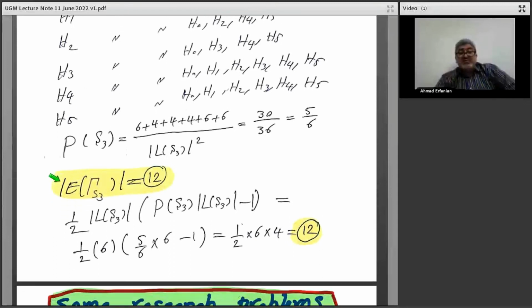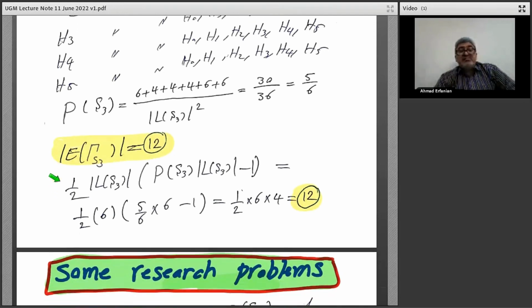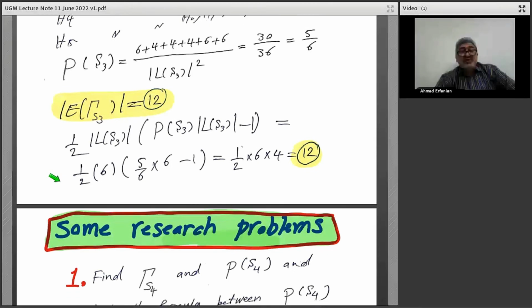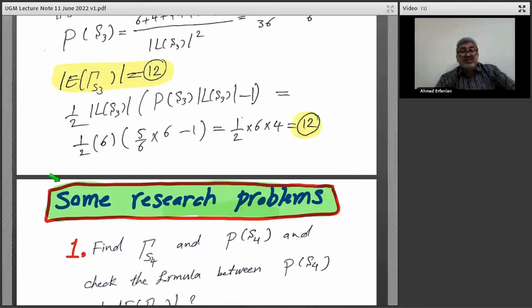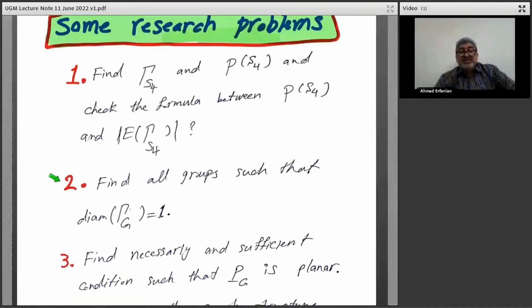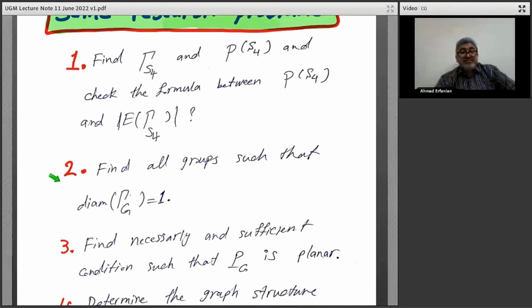You can see the number of edges is 12, and if we use this formula by knowing the permutability degree, we will again get 12.